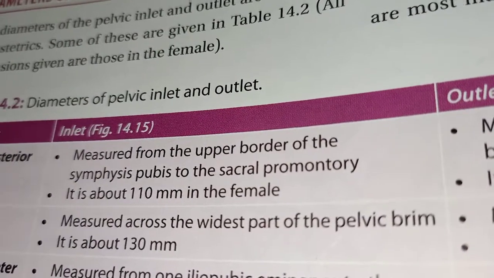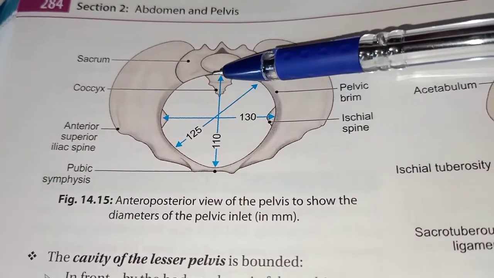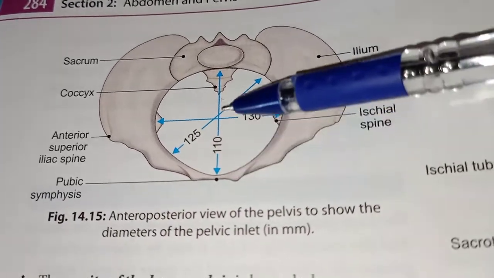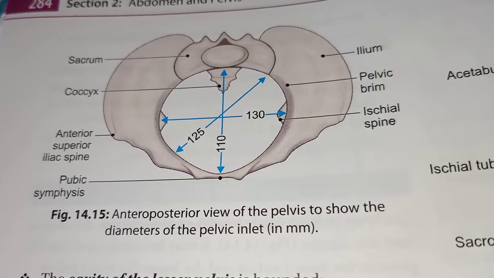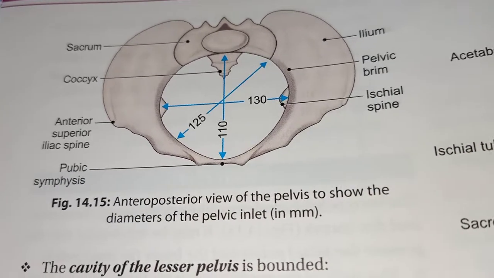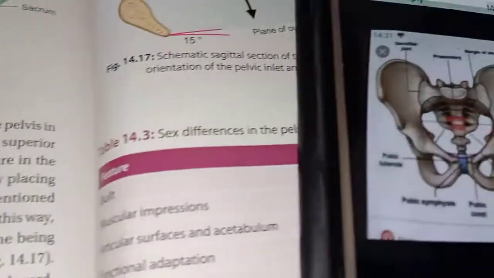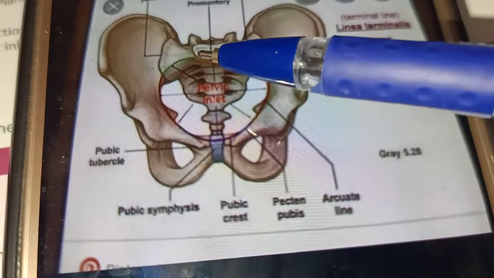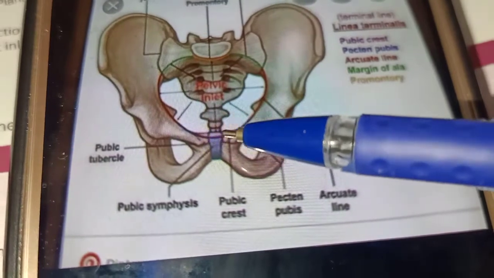It is measured from the upper border of the sacral promontory to the upper border of the pubic symphysis. If we take here in the diagram also, this is from the upper border of the sacral promontory up to the upper border of the pubic symphysis.